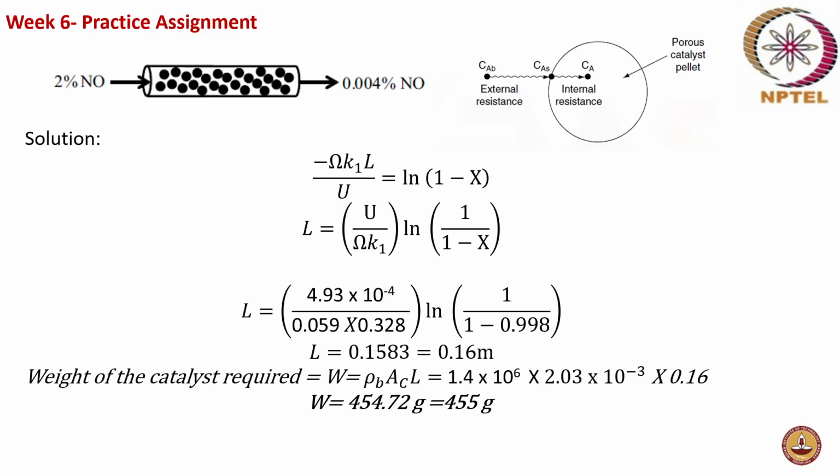Because the quantity of catalyst required is very critical to achieve a certain conversion. So we can find out what is that quantity required and what is the length of the bed required when we have the area of cross section of the reactor, right?